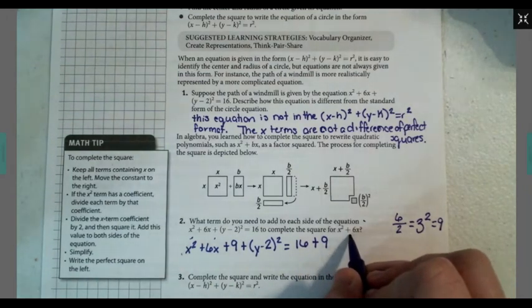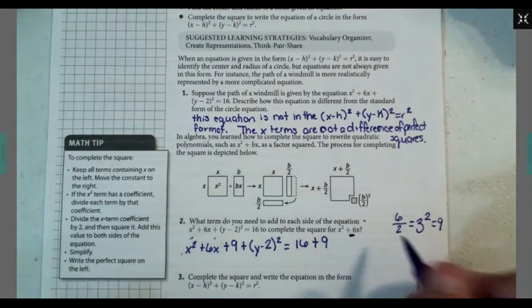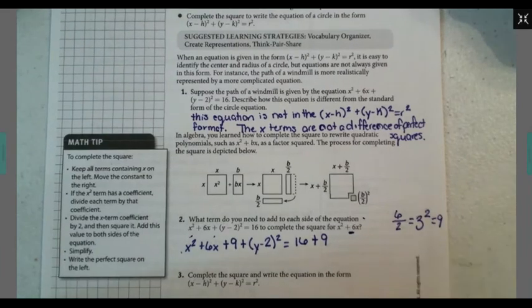And again, that was the x term's coefficient divided by 2 and then squared.